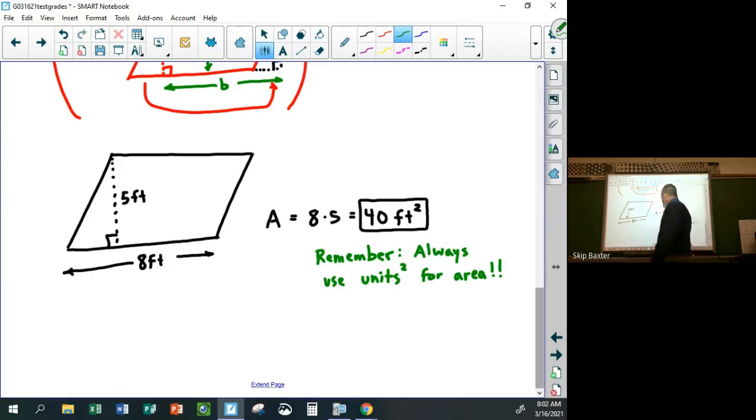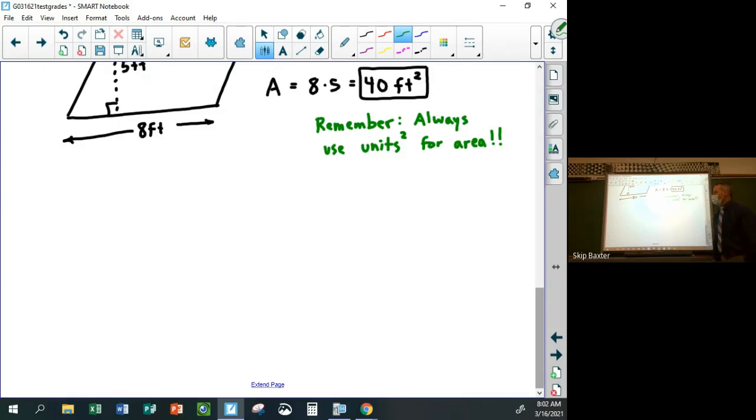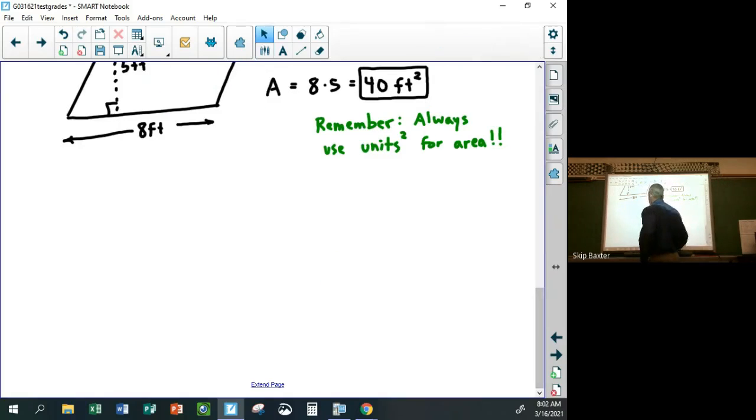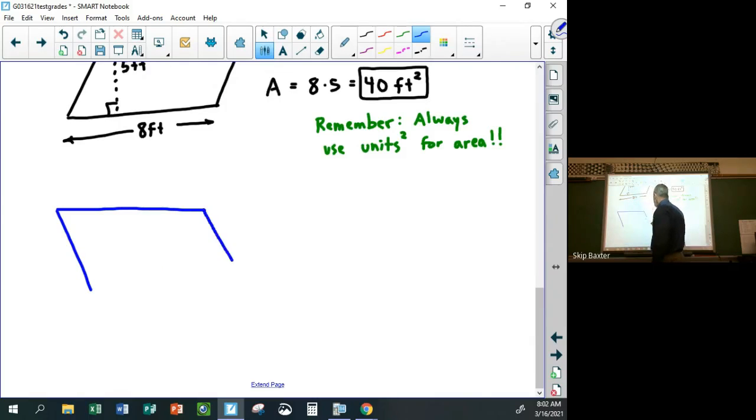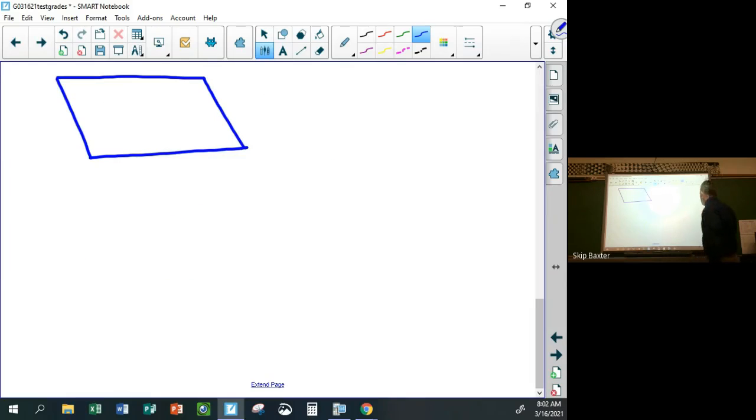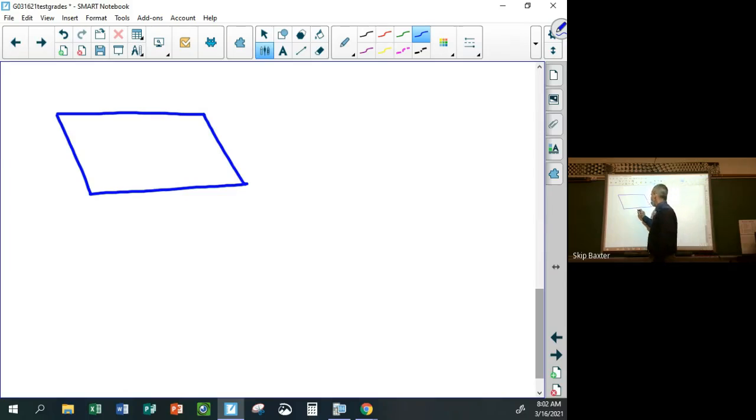Okay, now, one way that they might try and confuse you is they might give you more information than you actually need. For example, they might give you a parallelogram, like this. I always find it hard to draw a parallelogram backwards for some reason. It's hard to make it look right. And they might say this is 10 centimeters, and this is 7 centimeters, and this over here is 6 centimeters.